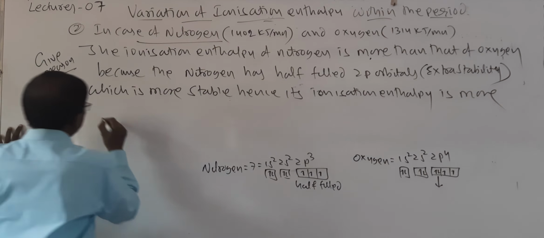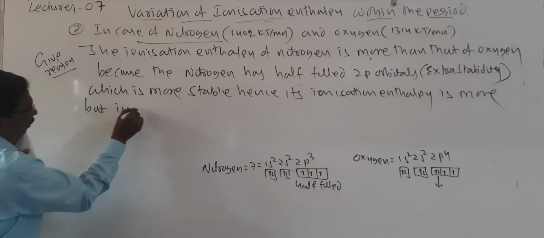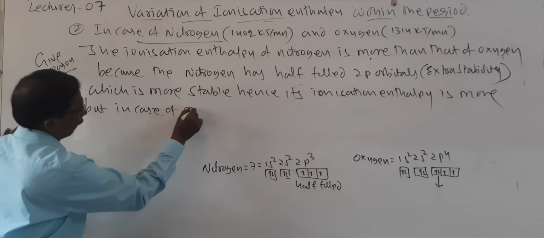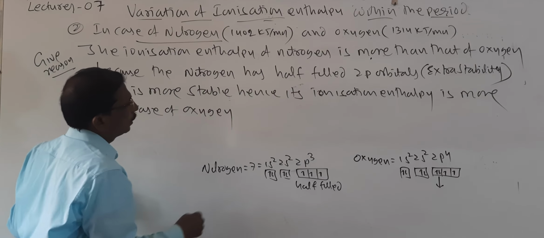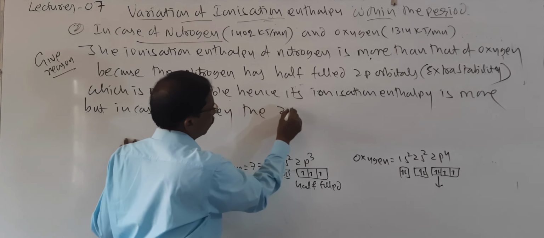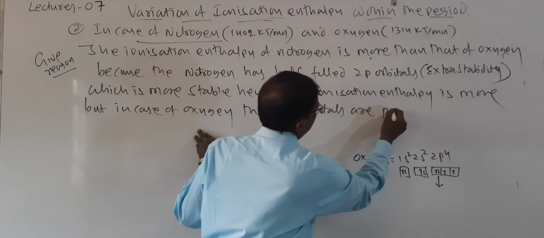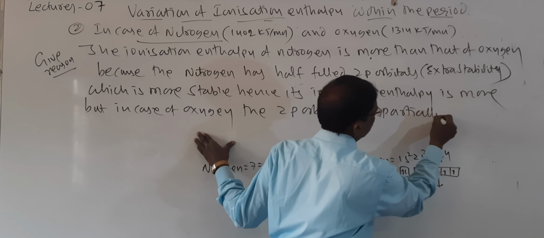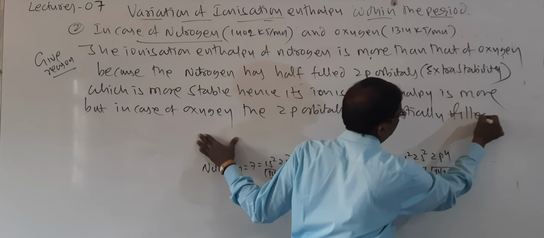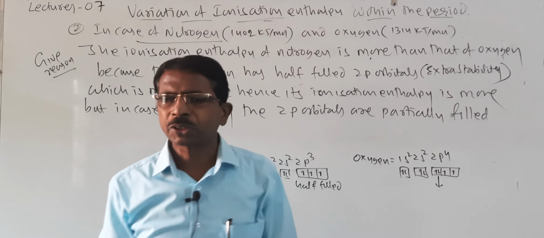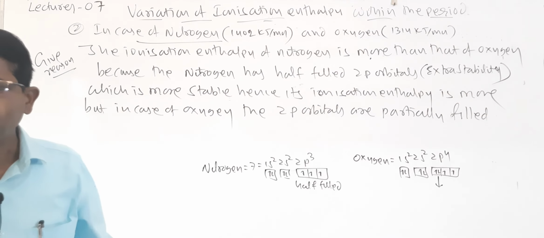But in case of oxygen, the 2p orbitals are partially filled.